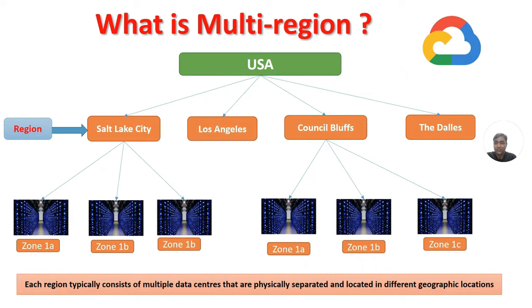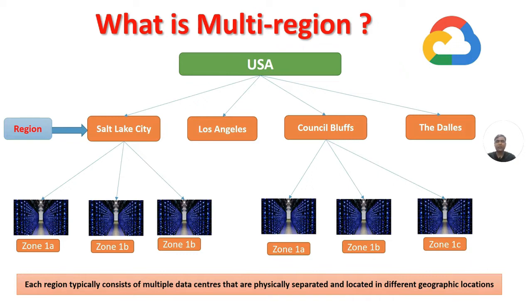In multi-region architecture, the application components, data, and resources are replicated and distributed across multiple regions. This approach offers several benefits like availability, redundancy and disaster recovery, global load balancing, availability of resources, and reduced latency.